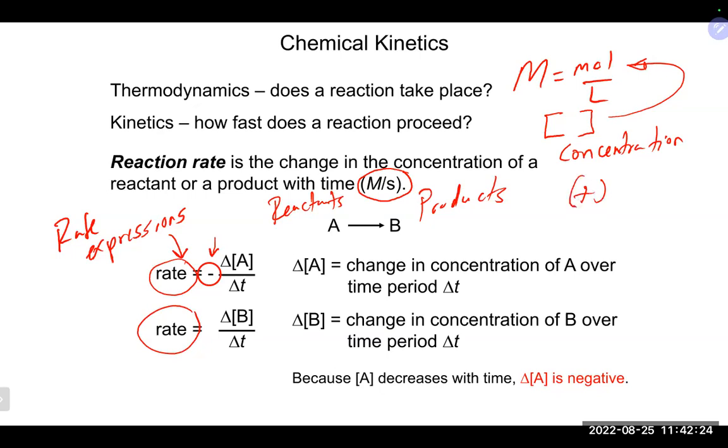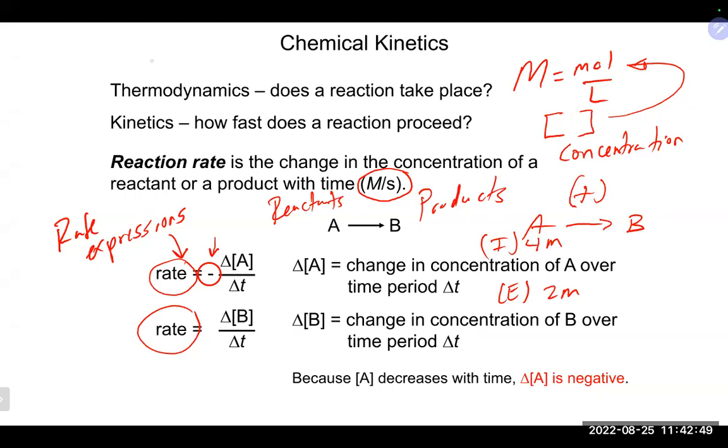So if you think about the reaction of A going to B, and let's say we started with 4 molar of A and ended at the end of the reaction with, say, 2 molar of A. If I wanted to calculate the change in the concentration of A, I should take the final concentration minus the initial concentration.